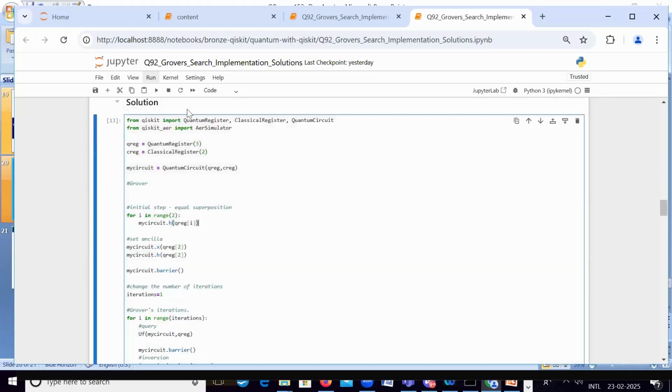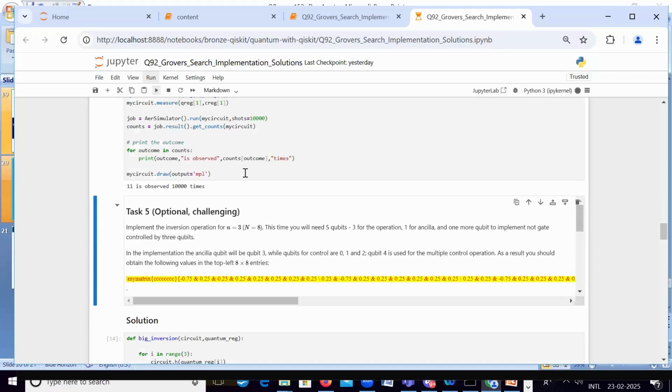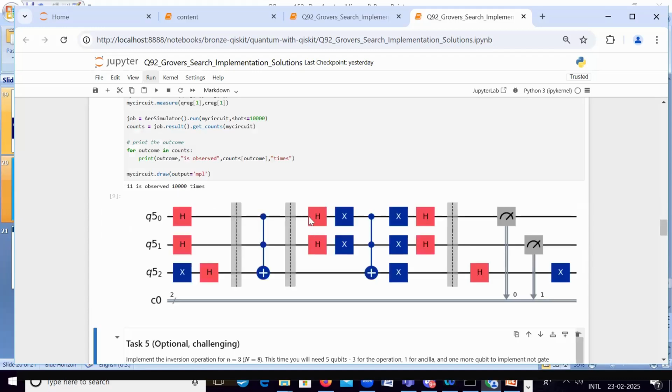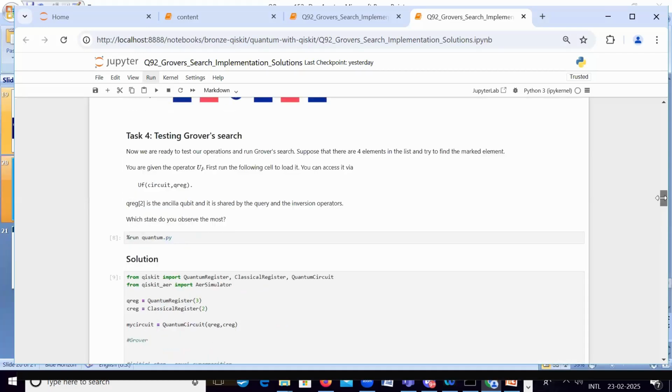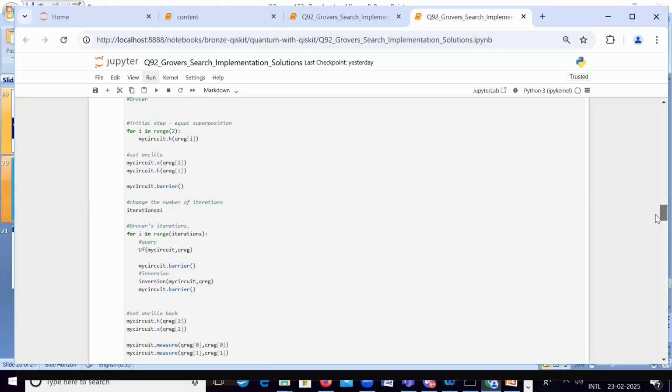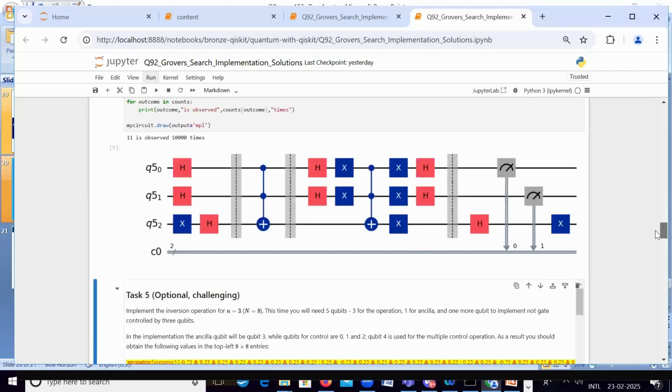Now let's get its output. This is to check for the 4 elements in the list and to find the marked elements. There's nothing said about which element is marked here.